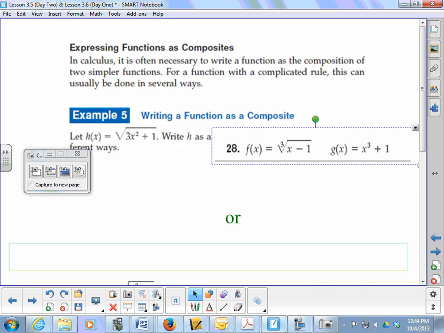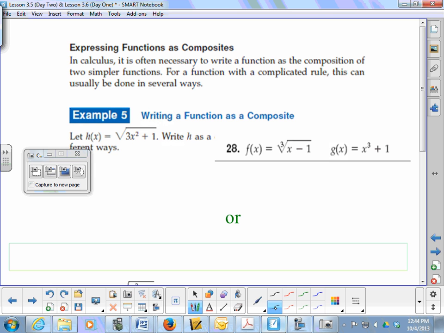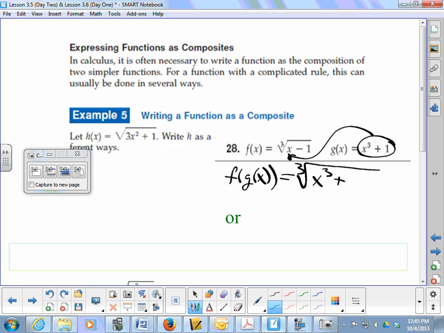So if I do f of g of x, reminder, all that is this here, which means we're going to take g of x and replace this x with it. So we get x cubed plus 1 takes the place of x, and then we also have our minus 1 in there.